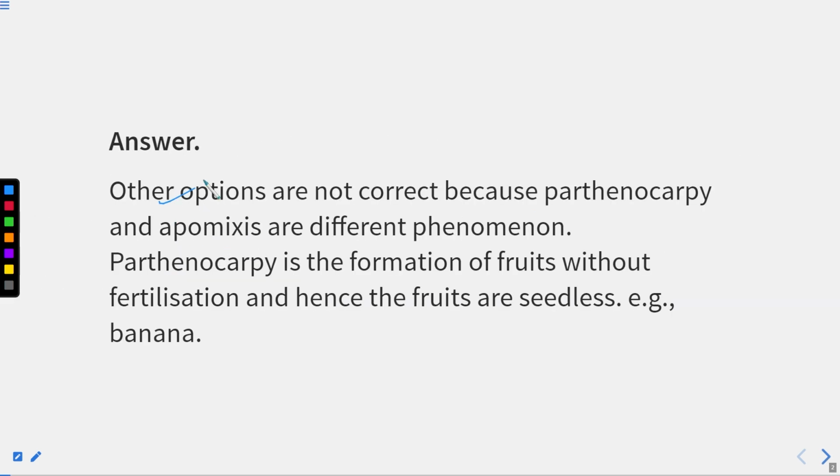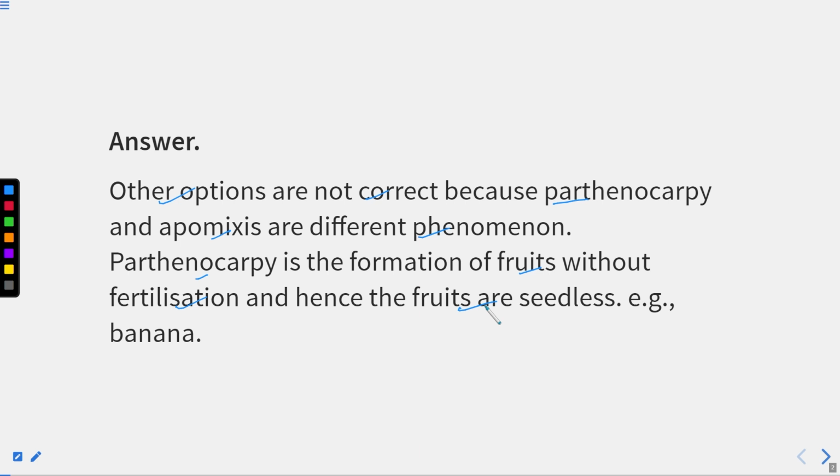Now, other options are not correct. Why are they not correct? Because parthenocarpy and apomixis are different phenomena. In parthenocarpy, there is formation of fruits without fertilization, and because of this, fruits are seedless, because the ovule cannot develop into viable seeds.